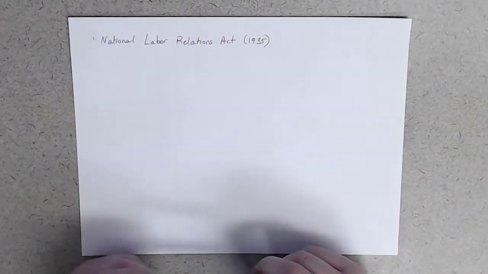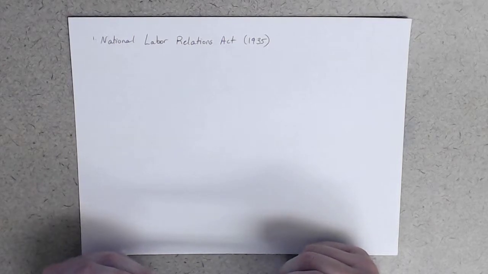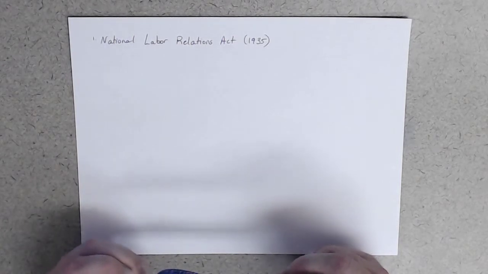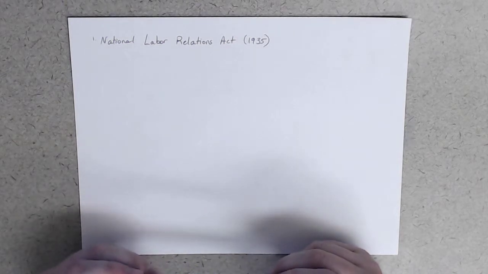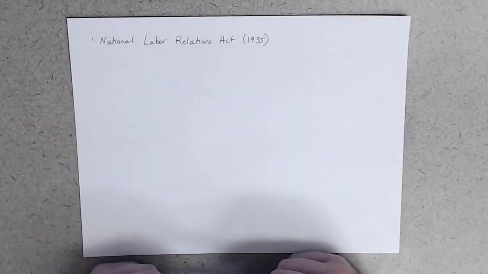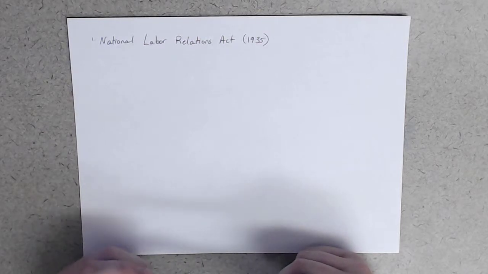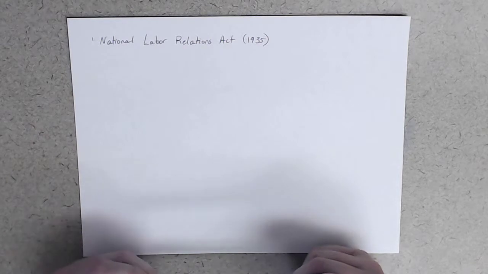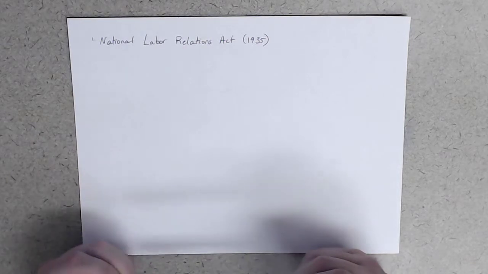And so what this act also did is it established the National Labor Relations Board, right, which was given the power to both conduct certification elections to see which unions, if any, employees wanted to represent them, and two, to investigate claims that employers were either violating election rules or refusing to bargain with elected unions, right?